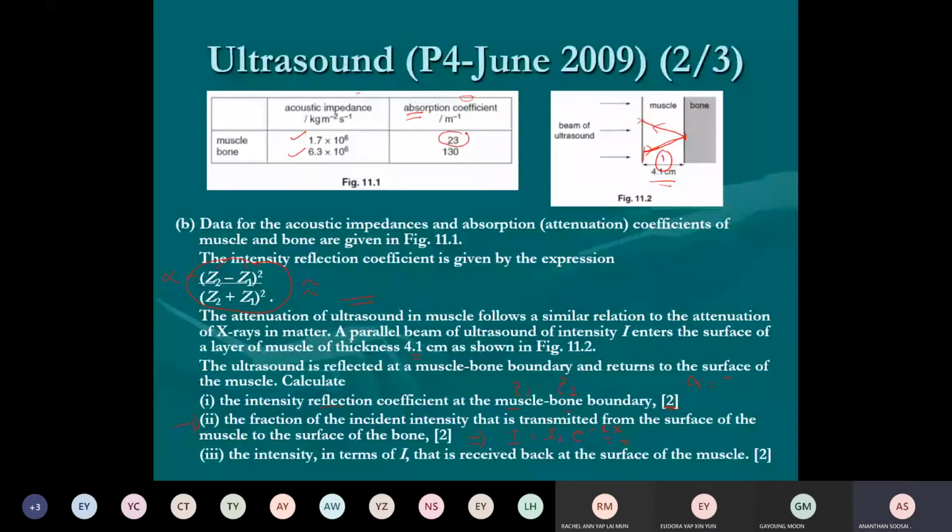But again, be careful here. The K was in per meter, X was in centimeter. So I have to convert X to meter. So X must be put in as 0.041 meter. Be careful, K and X, another trap. Like your nuclear, the lambda and t must be the same unit. Same case here. K and X must be in the same unit. Okay, so then you can find the I.